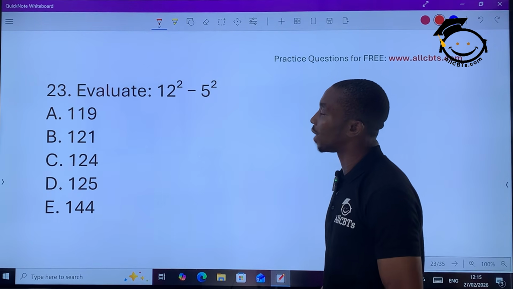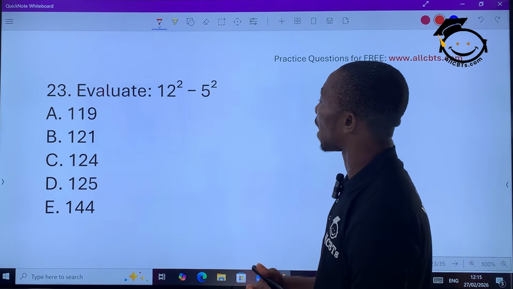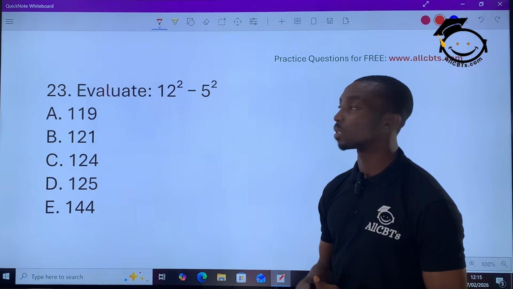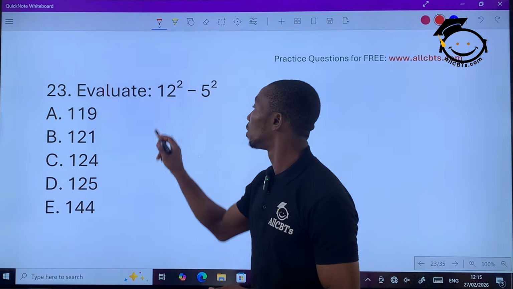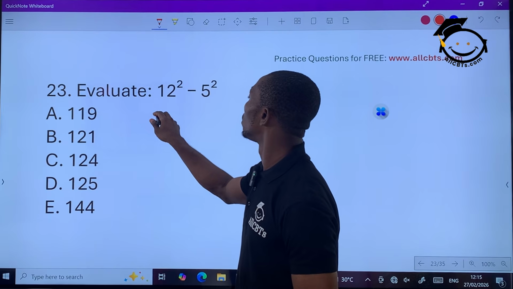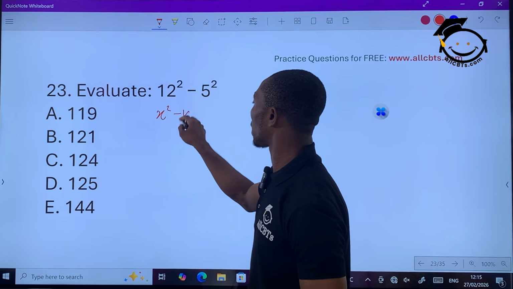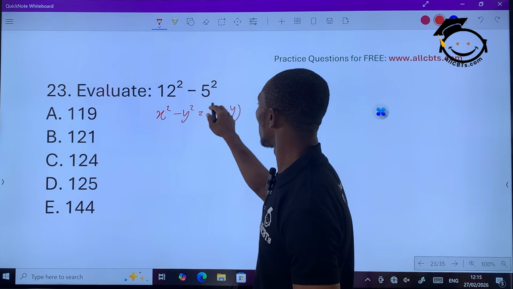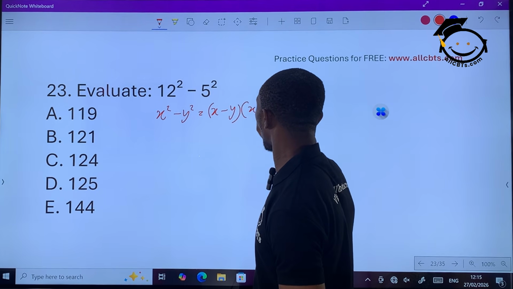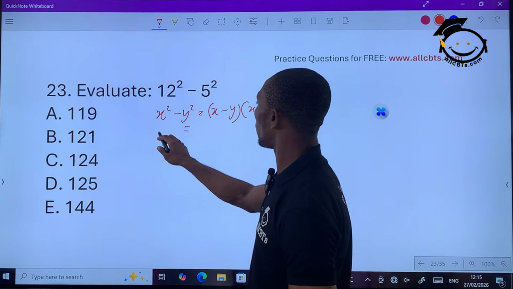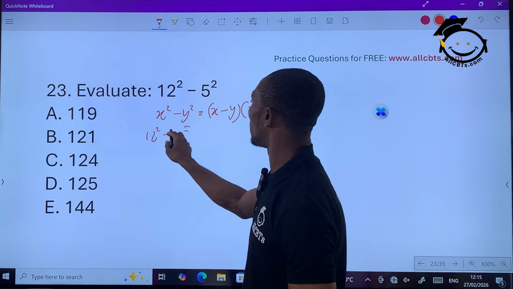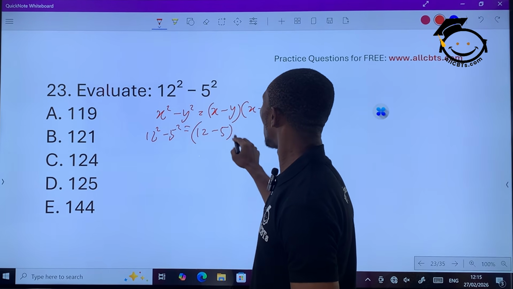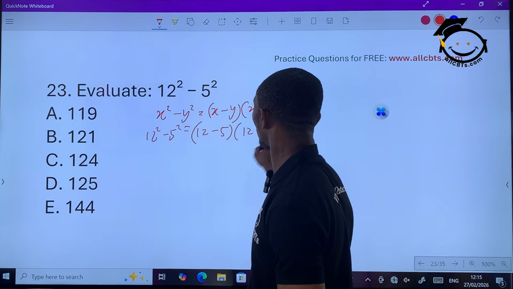Evaluate 12 squared minus 5 squared. Earlier on in this study, we've looked at the difference of squares method where we have x squared minus y squared equals x minus y, x plus y. Okay, so here 12 squared minus 5 squared would be 12 minus 5 and 12 plus 5.